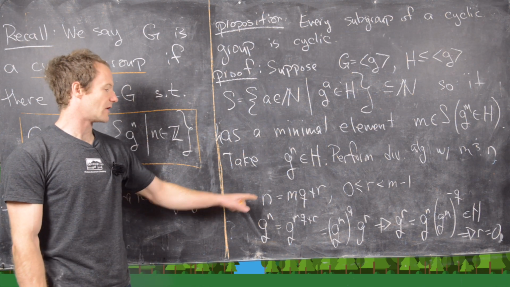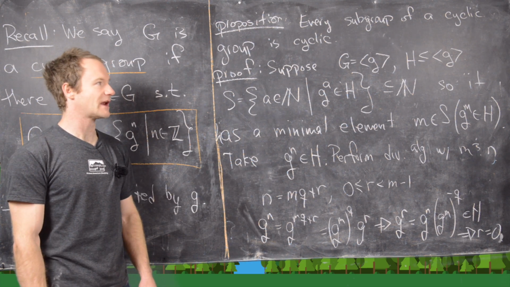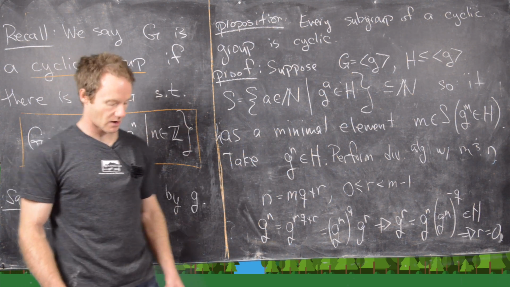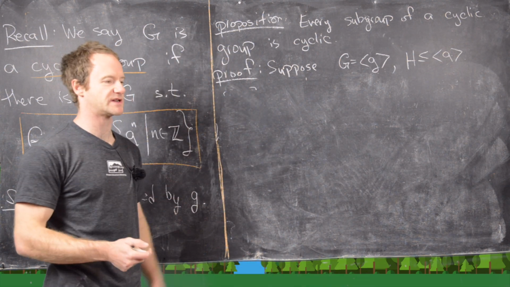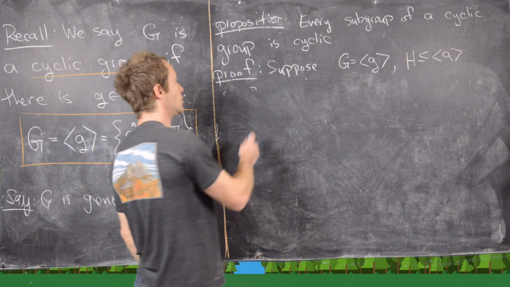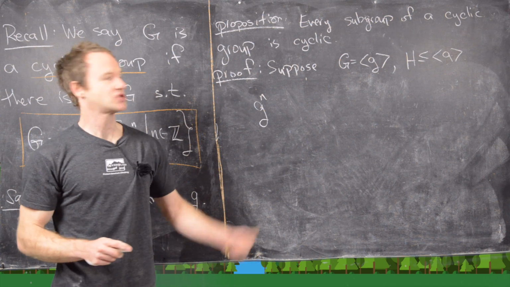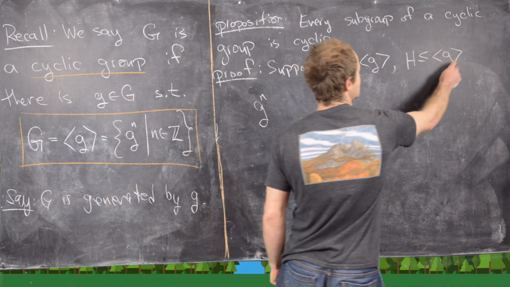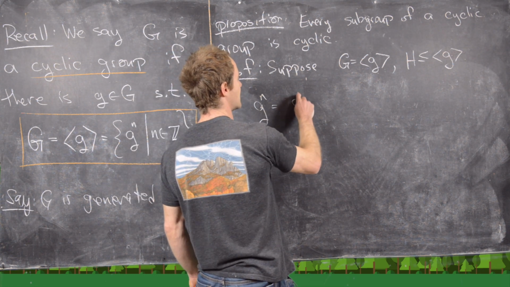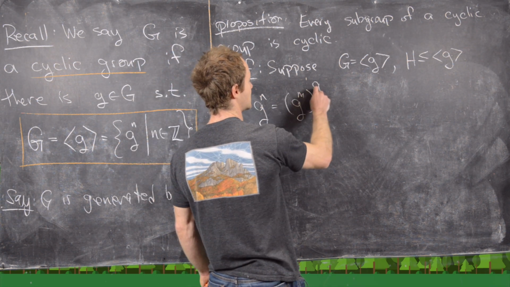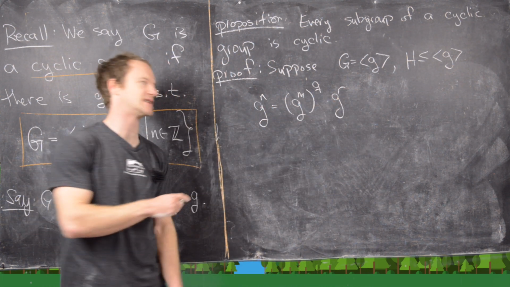Great. But now notice if r equals 0, let's go ahead and clean up the board a little bit and see what we get knowing that r equals 0. Okay, so on the last board, we proved that the remainder after doing the division algorithm was equal to 0, which told us that when we took any arbitrary element from H, which we called g to the n power, we could write it as g to the m to the q times g to the r, but r was equal to 0, which makes this term just the identity.